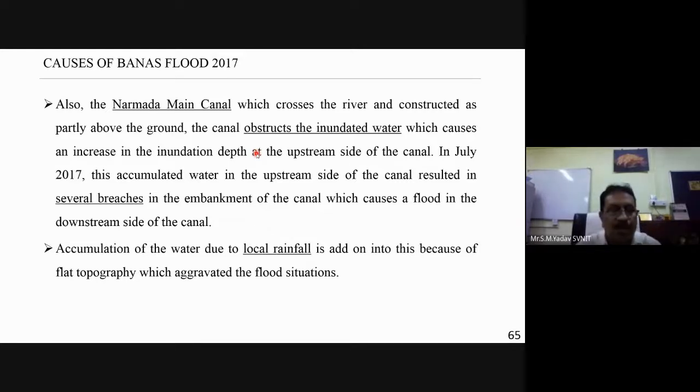I will show you in the next slide that the water passed over the main canal. This Narmada Main canal is partly below the ground and partly above the ground, and the depth of water was so high that it overtopped the Narmada Main canal.